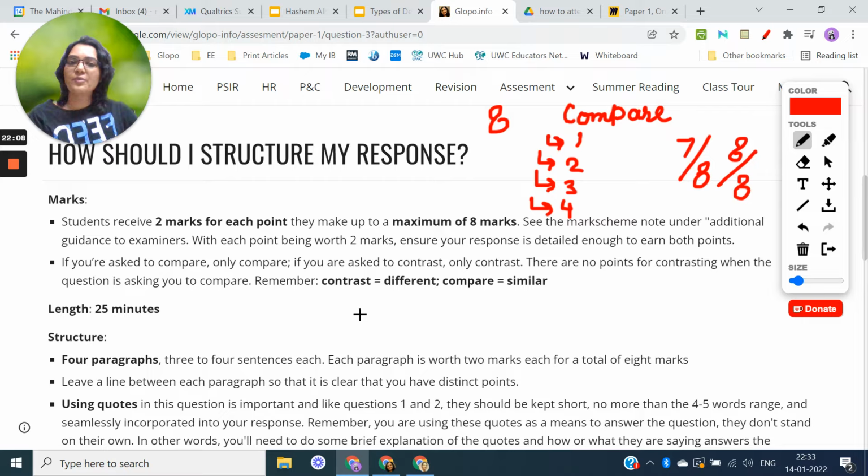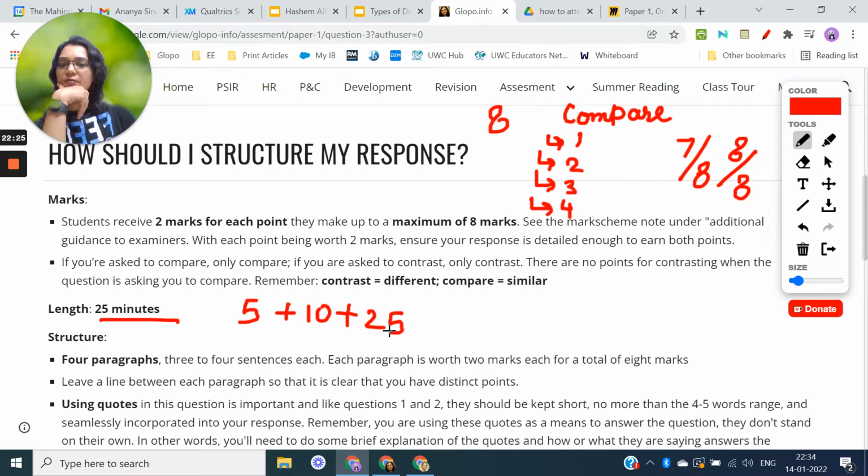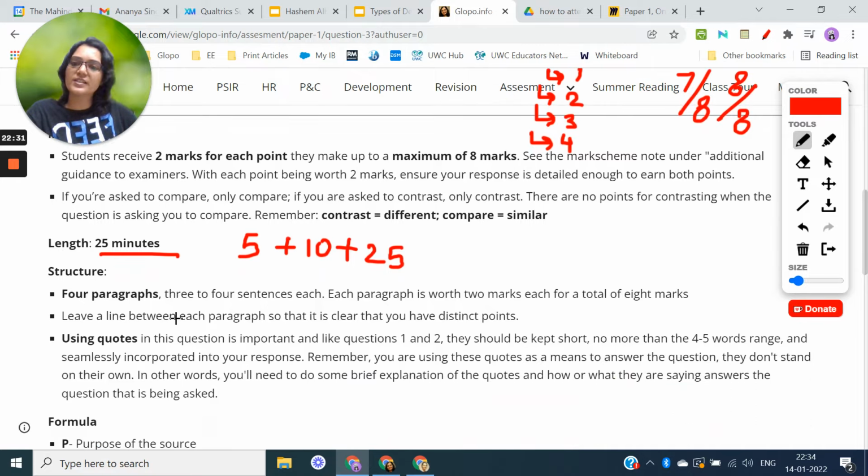All right, so how much time should you give for this? This is of 25 minutes. 8 marks, 25 minutes. We have covered so far 5 minutes plus 10 minutes, and now 25 minutes, right? Now 4 paragraphs would be there, 3 to 4 sentences in each paragraph, right?